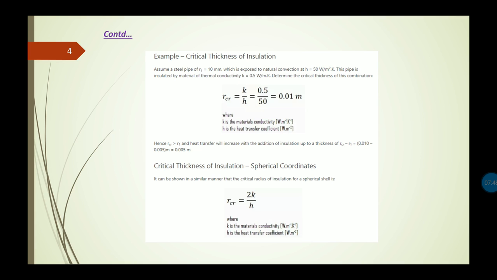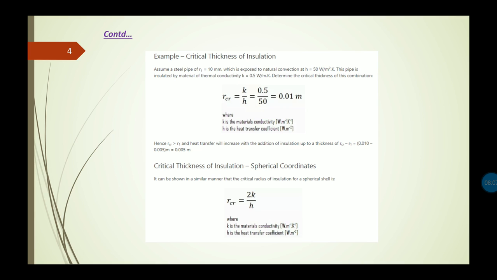So the next example is the critical thickness of insulation in the case of spherical coordinates. In a similar manner, for a spherical shell, the formula for the critical radius of insulation is R critical equals 2k by h.